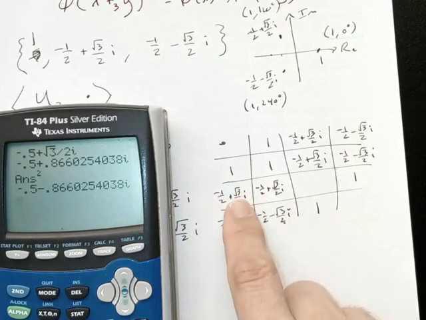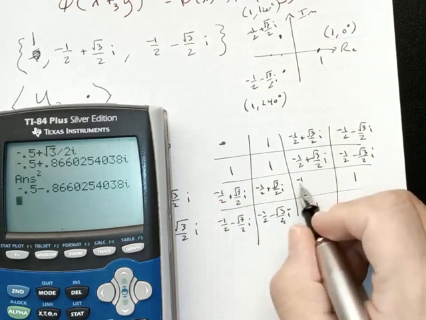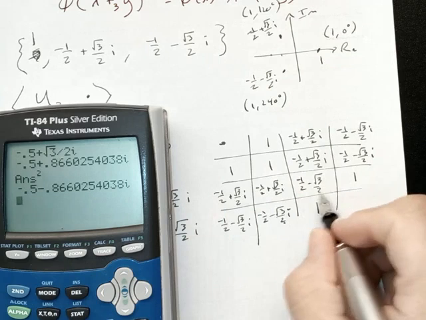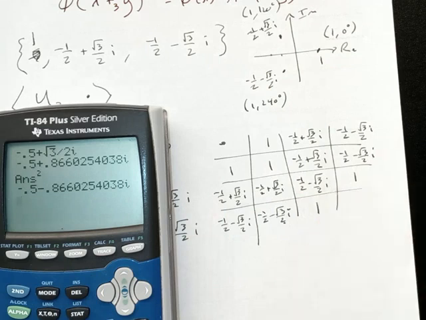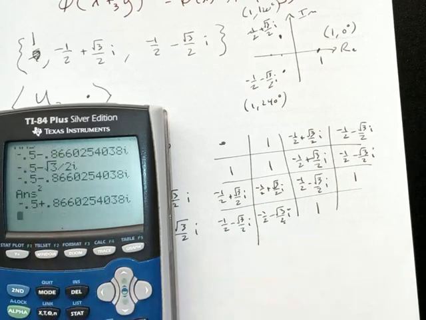I get the negative 1/2 minus the number. If I take the one with the minus sign in it in the first place, and I square that, I get the one with the plus in it.